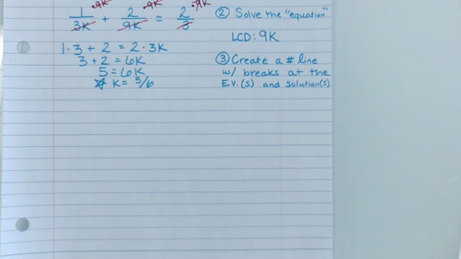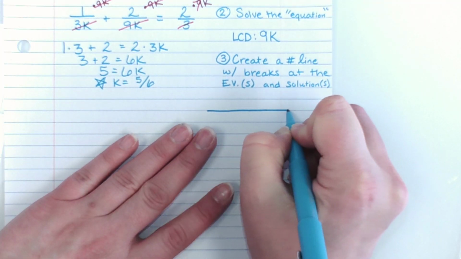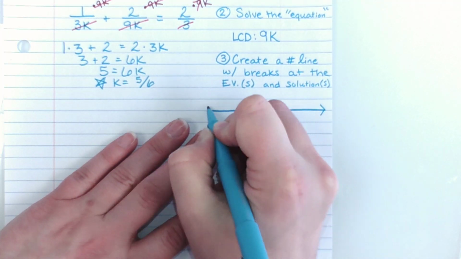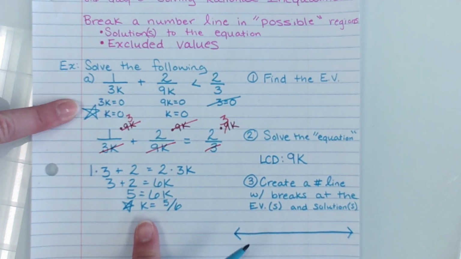Now when it comes to my number line, a couple things you gotta know. First off, I am not picky about this number line having a specific scale. In fact, I don't put a scale on it at all. When I make my number line for the sake of these problems, I got my line. I recognize how many different places my graph is going to be broken up. One solution, one excluded value.